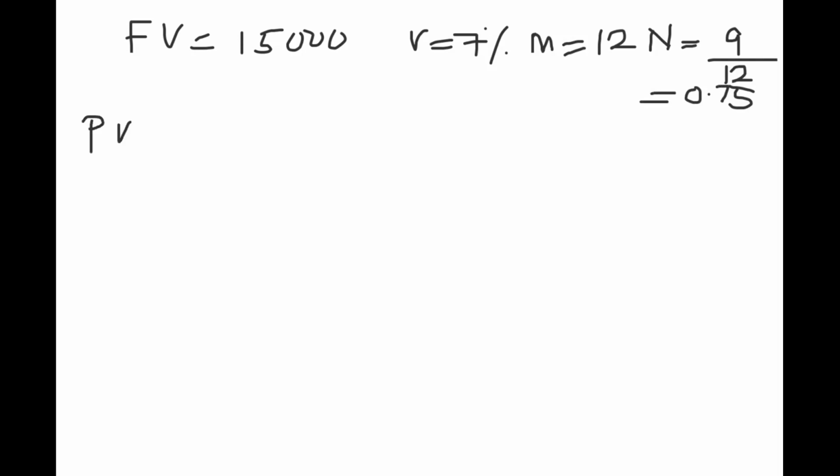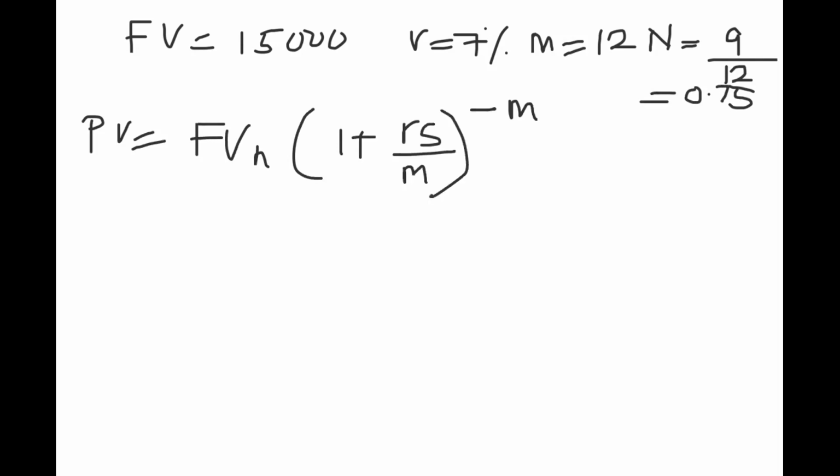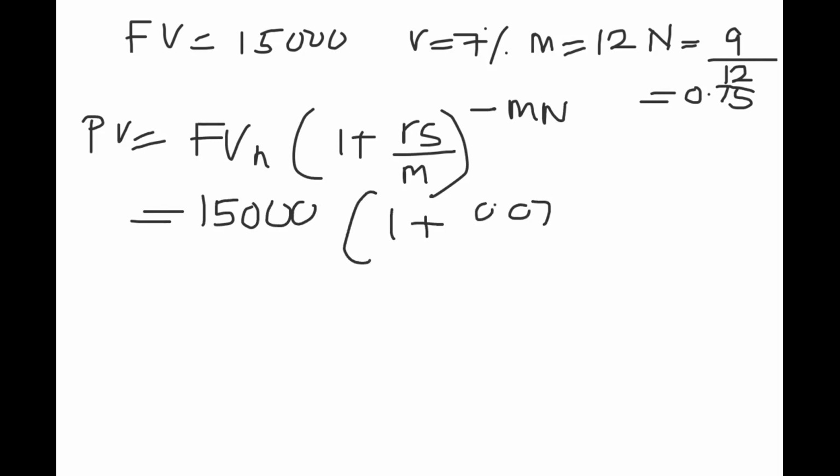PV equals FV times (1 plus r divided by m) to the power of minus mn. Future value is 15,000, 1 plus 0.07 divided by 12, where M is 12, the number of compounding times per year.